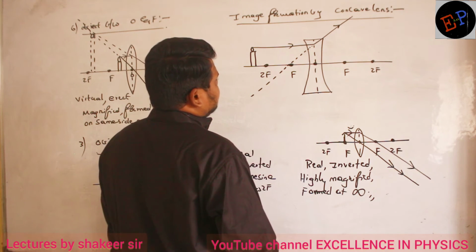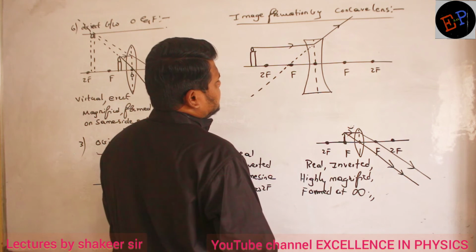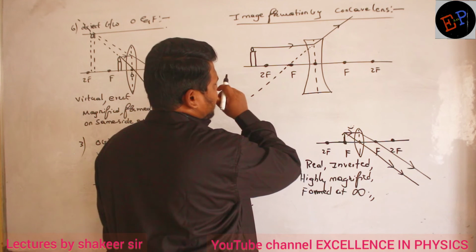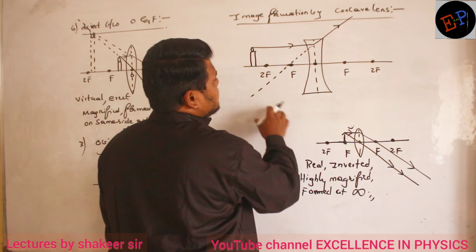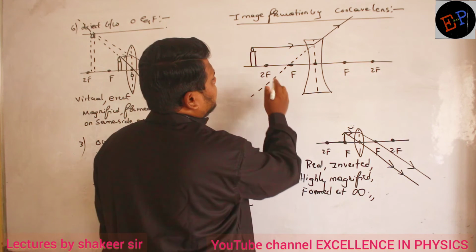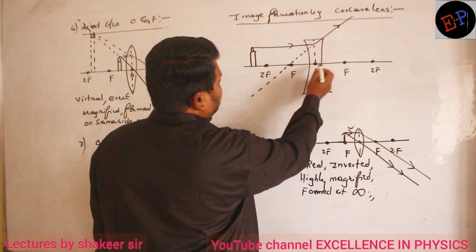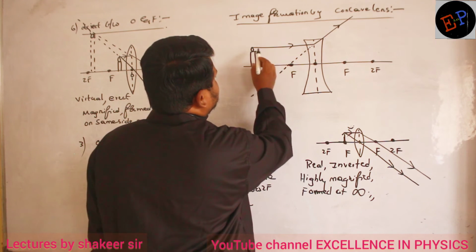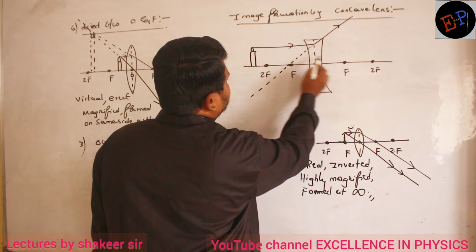Light ray passing through the optical center, shall I write? I will do one thing. You take this focus. So light ray passing through the focus. Clear now? This is focus now.